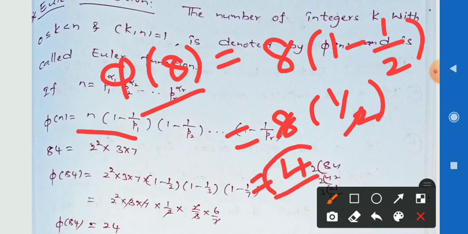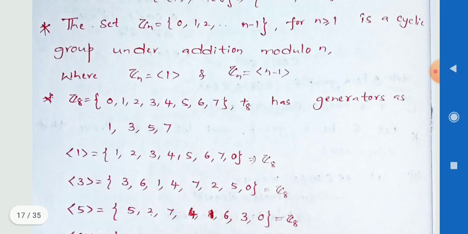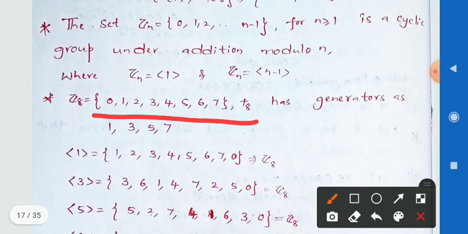What is 4? 4 is the number of generators of the given group. Number of elements is 8. Means if this group is given, the number of generators is 4. They are 1, 3, 5, 7.